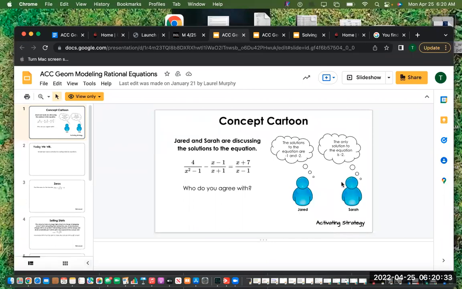I would agree with Sarah, because if I took -1 and plugged it into this equation, I would get 0 in the denominator, and that's not a possibility. So it should be -2. Sarah is correct because Jared forgot extraneous solutions.